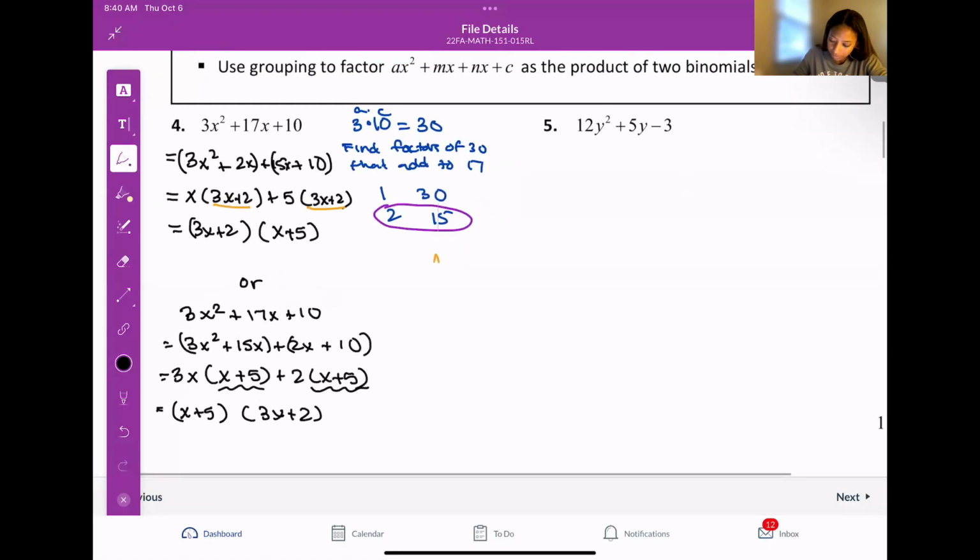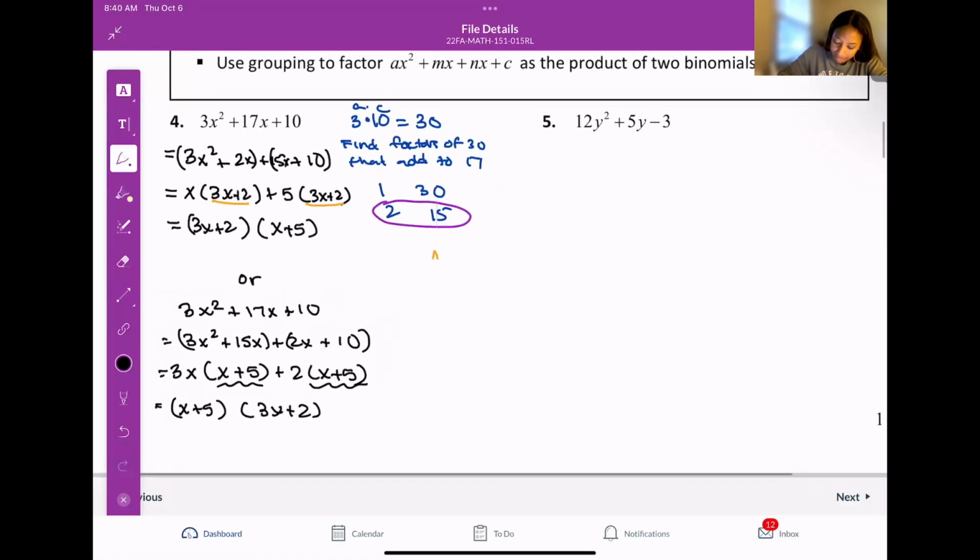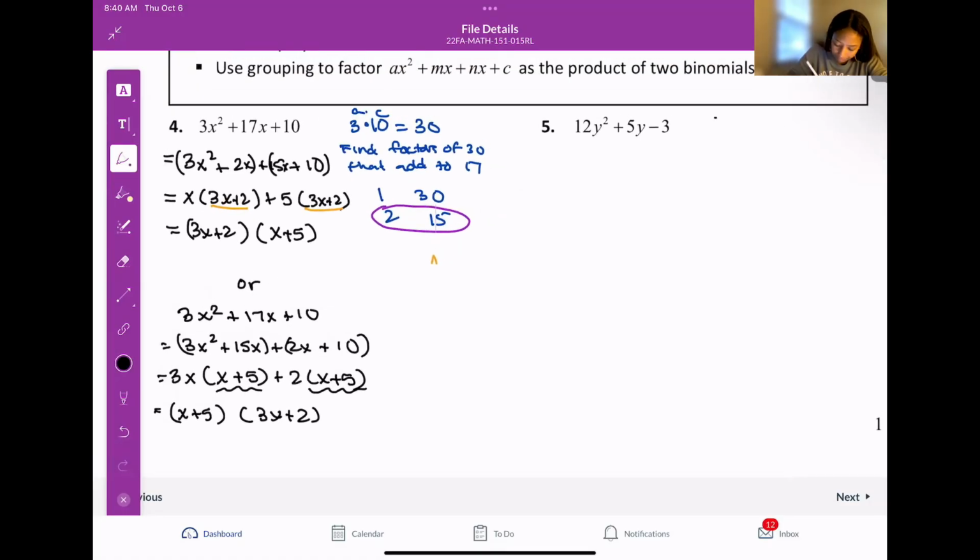For problem number 5, a times c is equal to 12 times negative 3, which is negative 36. Be careful with your signs. And then you want factors of negative 36 that add to 5.